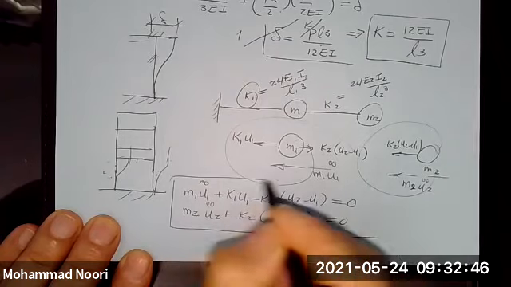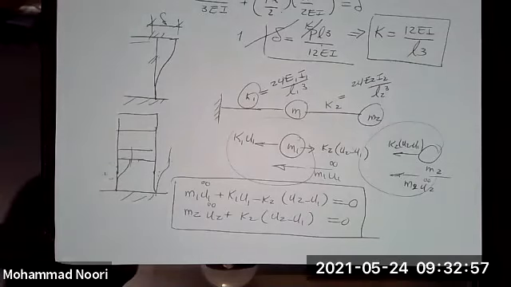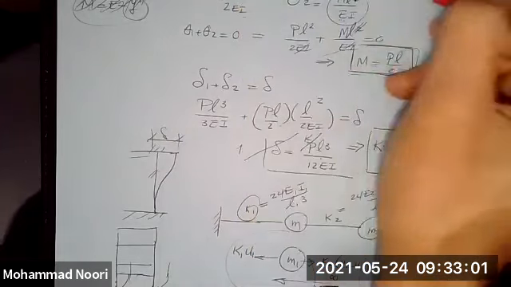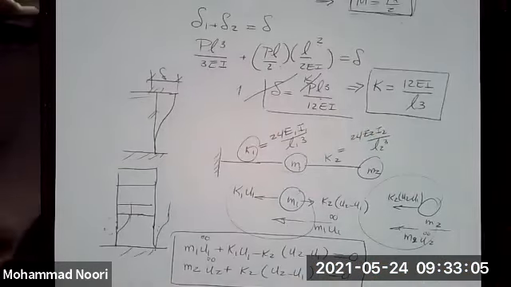So here you did obtain the equation of motion for this two-story building. Any questions? So let me put a note here so that we did correct these. Okay. All right.